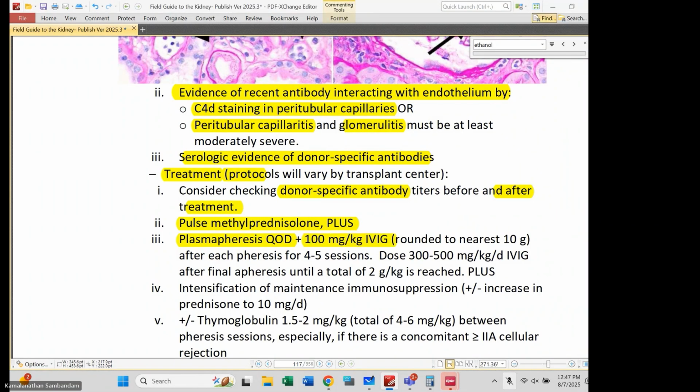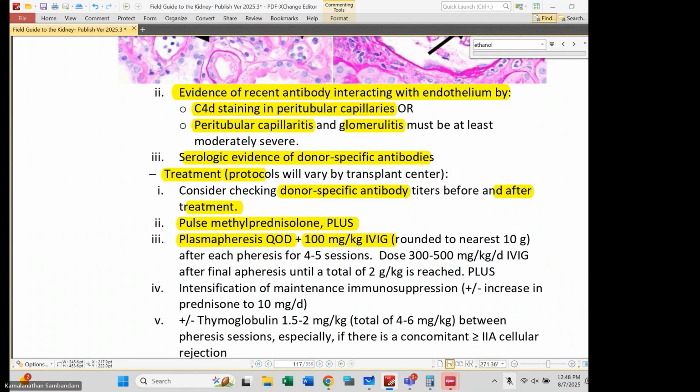We often give a little bit of IVIG afterwards. I know Andrew and I think it was Priscilla, you and Andrew were asking questions about IVIG in FSGS patients. And I told you, post-transplant FSGS doesn't make much sense to give IVIG and pheresis for, because it's not driven by an immunoglobulin.